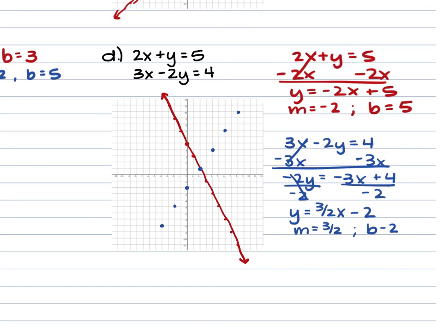And then we draw our line through those plotted points. So then we look to see where those two lines intersect. We have the ordered pair (2, 1). That's our solution.